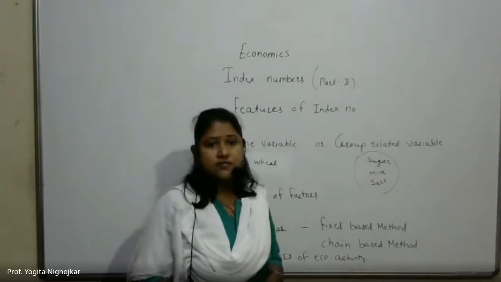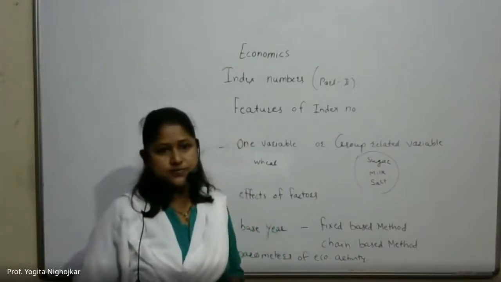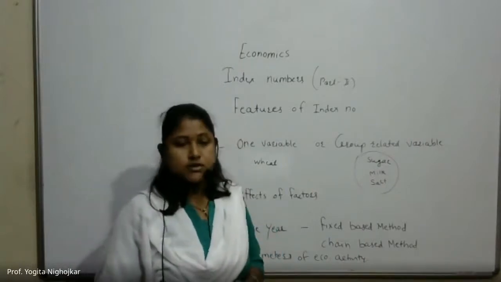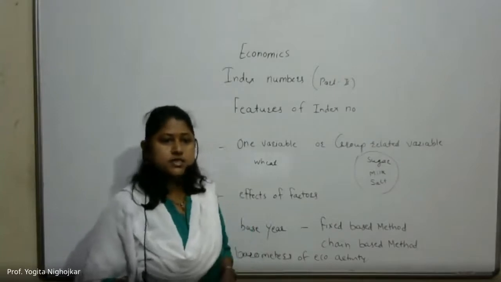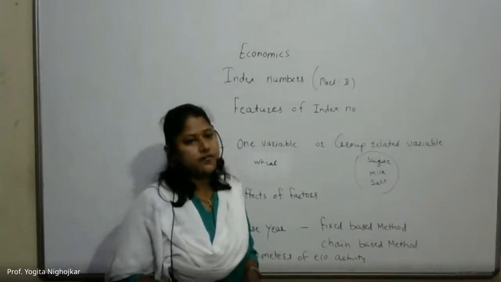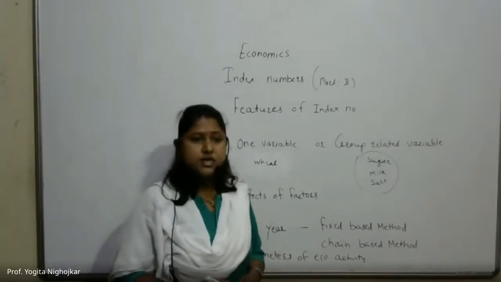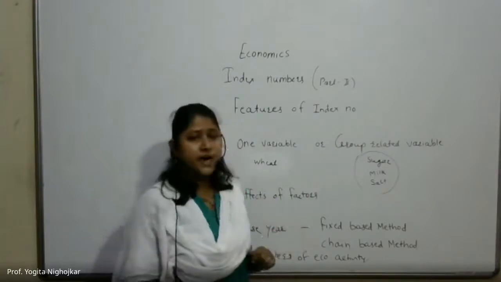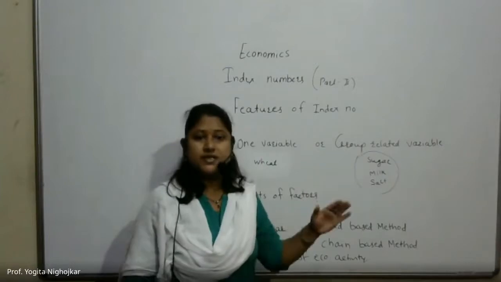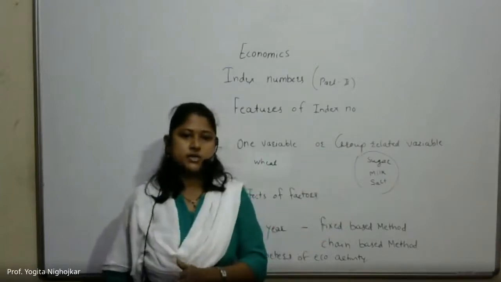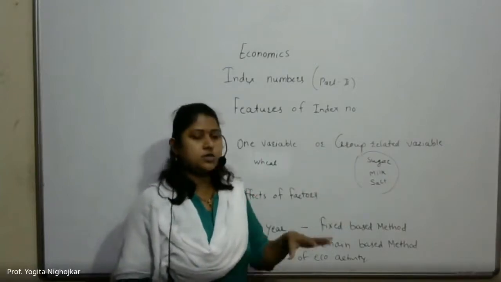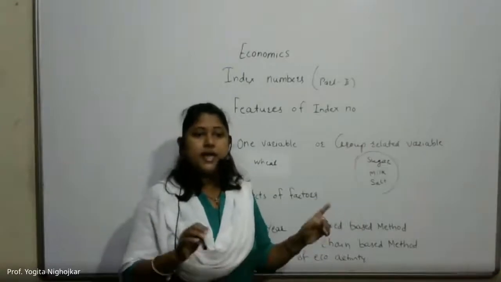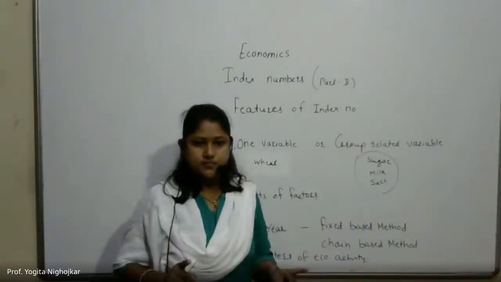Now there are four types of index numbers, that is price index numbers, quantity index numbers, value index numbers, and the fourth one is special purpose index numbers.